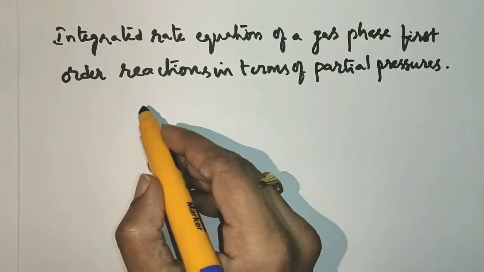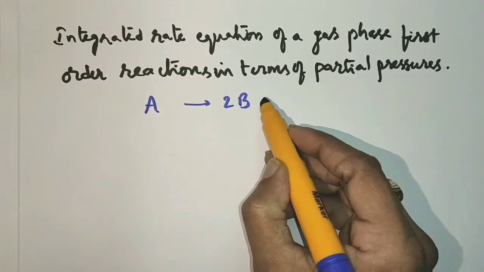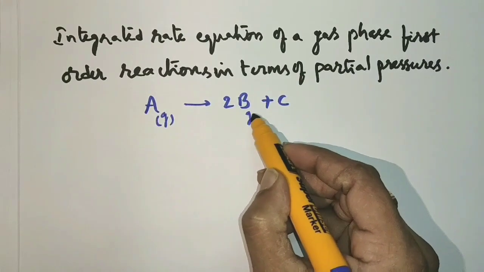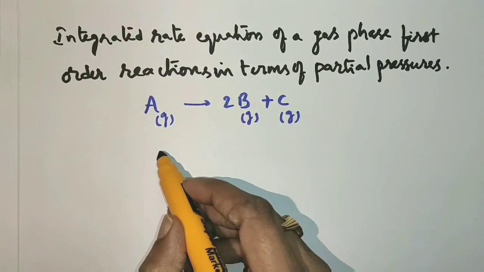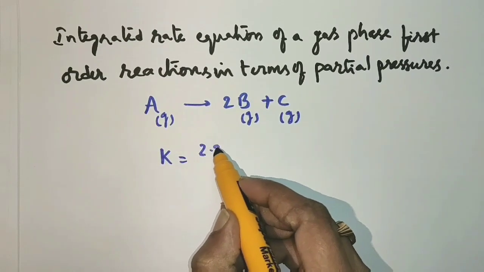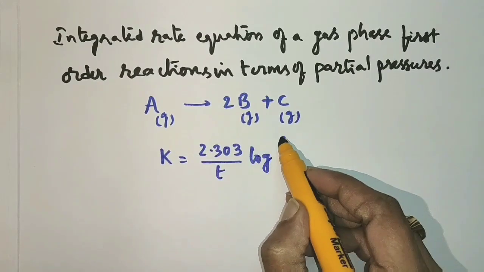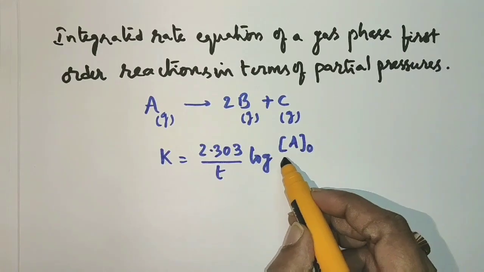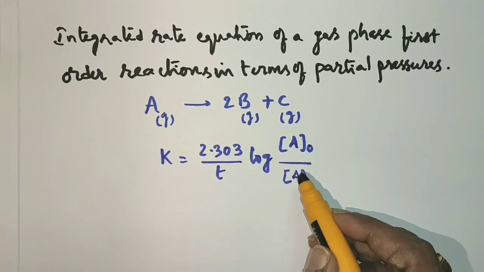Let us consider a first order reaction, A gives 2B plus C, in which all the reacting species and products are in gaseous state. For this reaction, the rate equation can be written as K equal to 2.303 by T log concentration of A naught, initial concentration of A, by concentration of A at a time T, in terms of concentration.